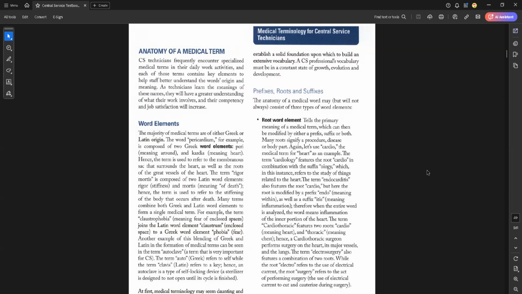Now, I was trying to say that there is no medical term in this world that has no root. But there can be a medical term without a prefix or suffix. Take my words. The root gives the primary meaning of what we are talking about. I was using my name, Michael, as an example.